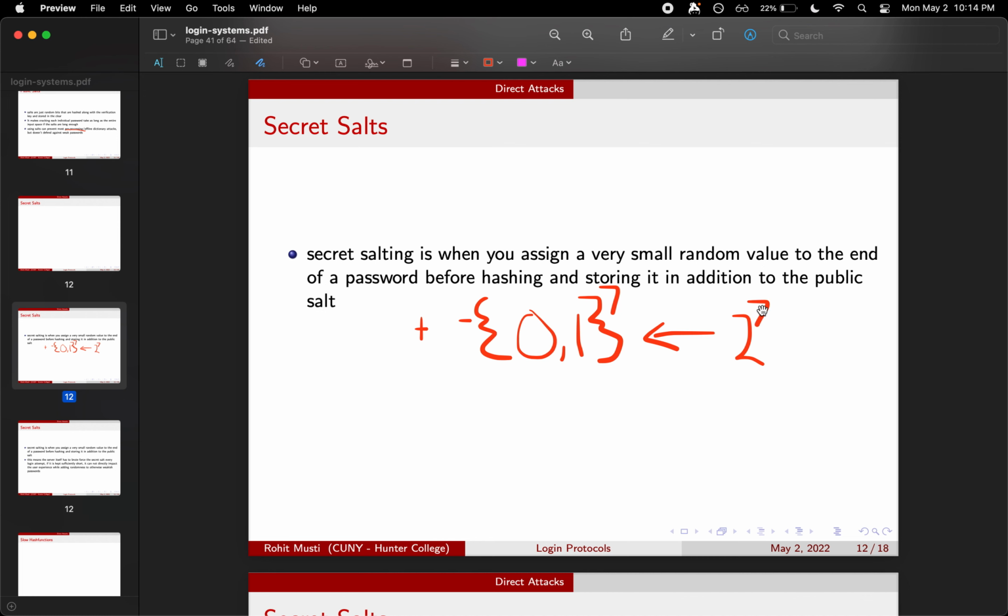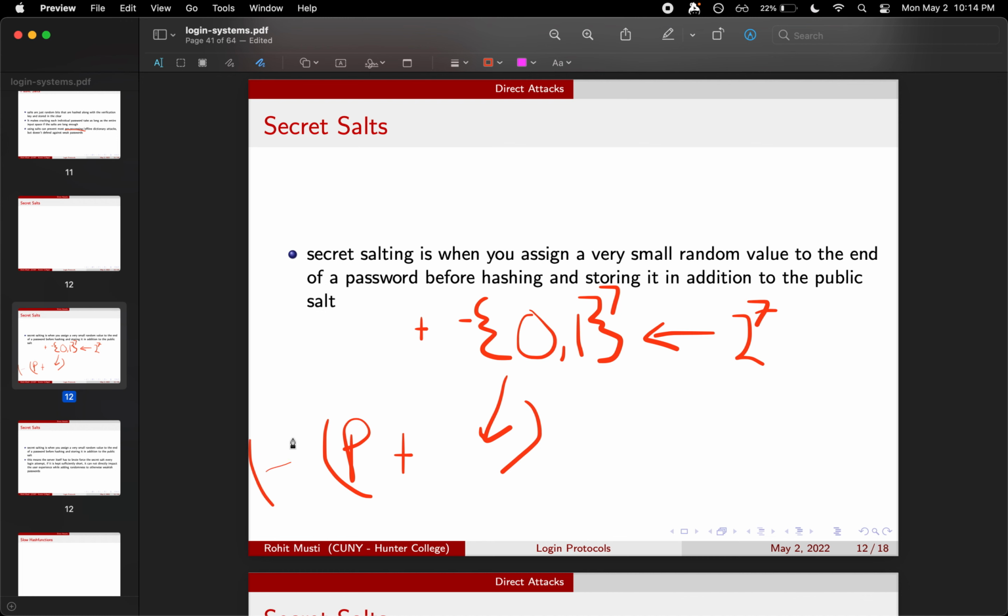That means that for every password, there are 2 to the 7th possibilities of other passwords. So you have the password plus one of these, and you run that through your hash function to unlock something.